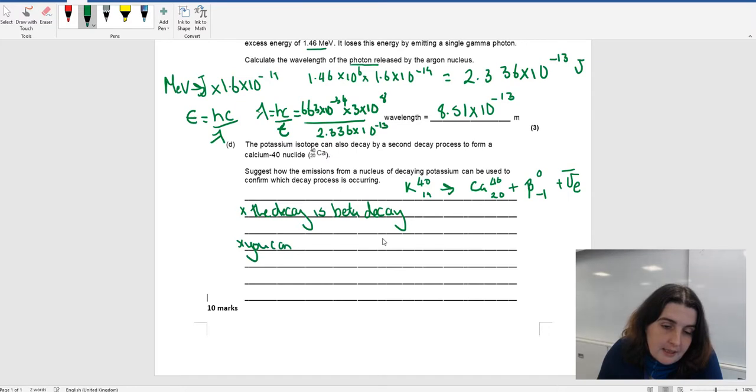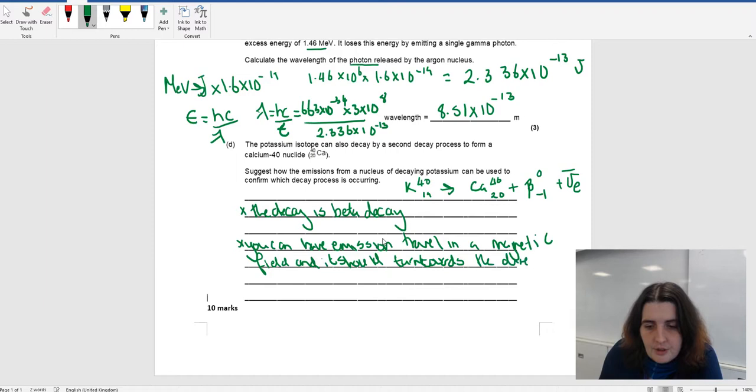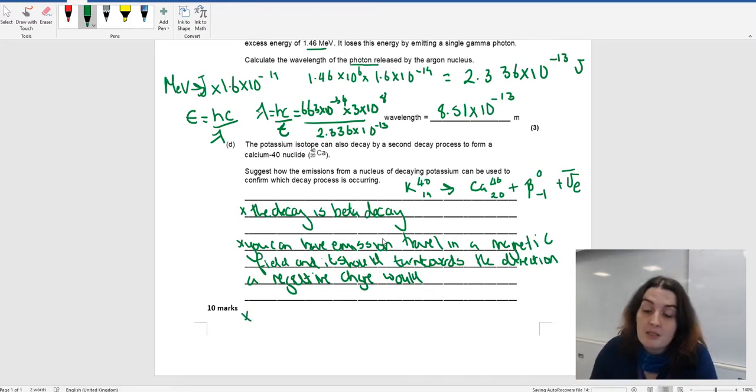You can have the emissions travel in a magnetic field, and it should turn towards the direction a negative charge would, because it is a beta decay. Or you could, of course, use the fact that beta is stopped by a few millimeters of aluminium.